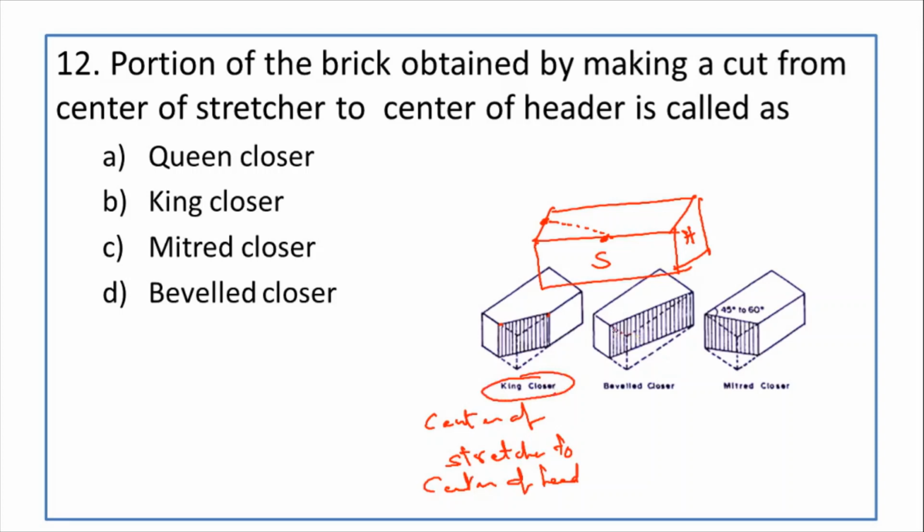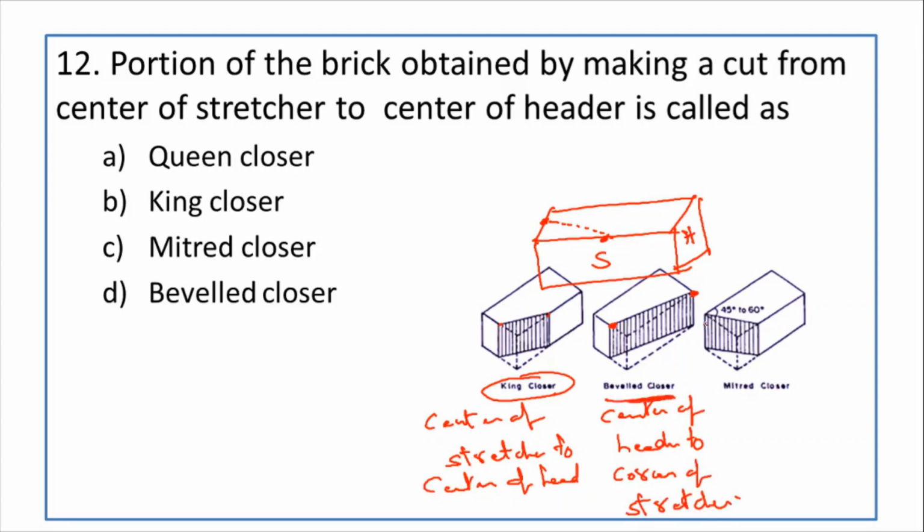Suppose the brick is cut from the center of the header to the corner of the stretcher here, then this kind of brick is called a beveled closure.